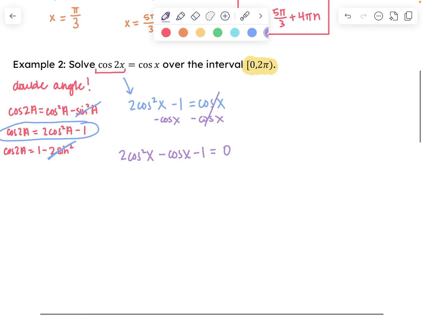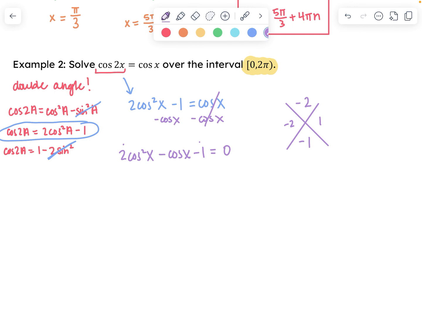And I'm going to factor. So remember, I can do my a times my c on top. So a times c would be negative 2. My b goes on the bottom, so negative 1. I need something that multiplies to negative 2 but adds to negative 1, so I would do negative 2 and positive 1.